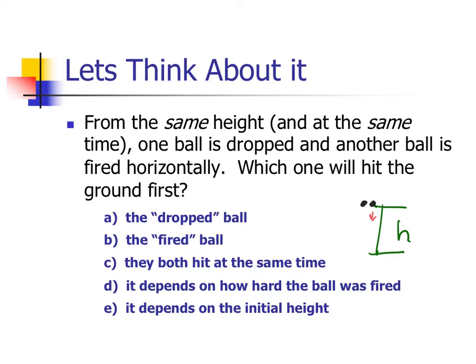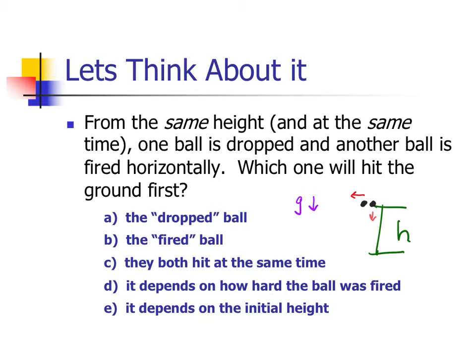Now, here's the thing. A lot of us think that the ball being dropped is going to hit first. Well, the ball being dropped and the ball being fired are both affected by this something at the same rate, and that is gravity.